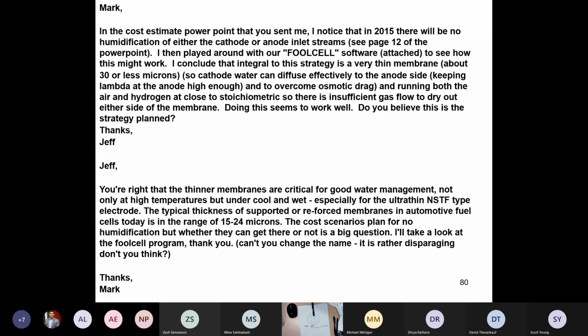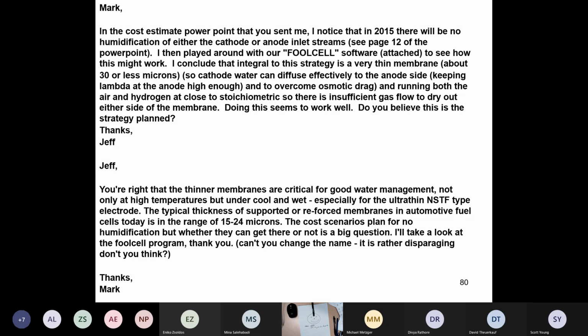Can you comment or compare polymer electrolyte membranes to solid oxides in solid oxide fuel cells? Well, solid oxide fuel cells operate at very high temperature. They operate up at 600 or 700 degrees C. And a solid oxide fuel cell uses an oxygen conducting membrane, not a hydrogen conducting membrane.